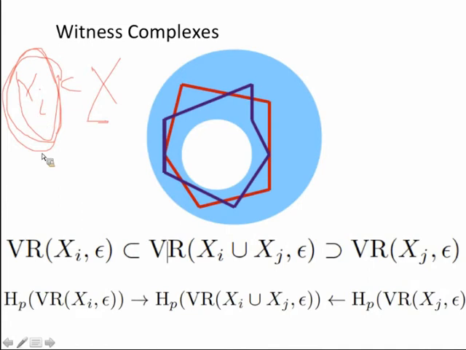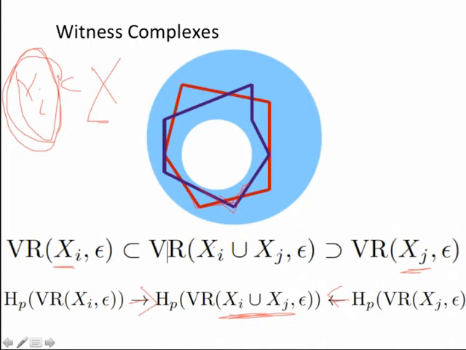But we could take different witnesses. So I could take an xi, or I could take an xj, and it'd be nice to compare the two witnesses. And well, in this case, my red witness and my black witness, they both describe the same hole. So when I include the cycles into the union right here, they include to the same cycle, and so that says that our witness is very stable.